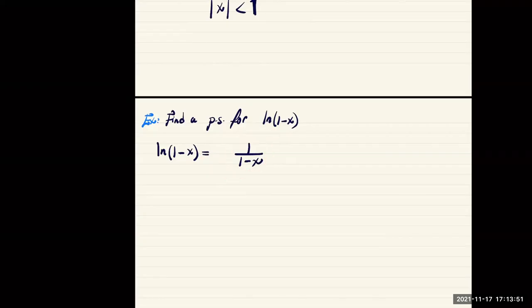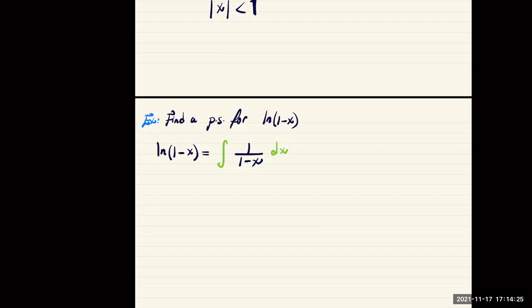So you ask yourself, what do I do to that to get this? What do we do, guys? Integral? Integral. We do the integral with respect to x. Now the question is, does the integral give me right away ln of 1 minus x? No, it gives the absolute value.